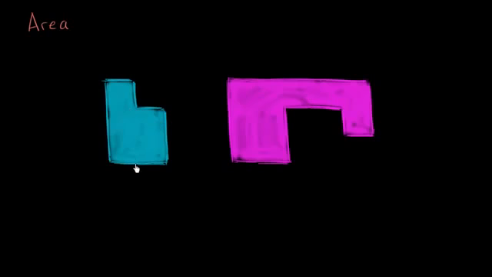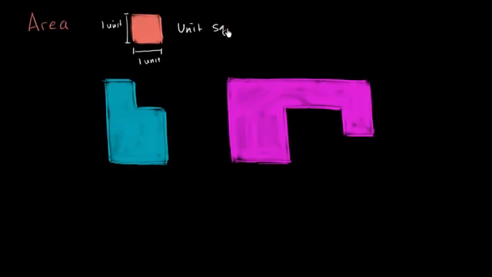Well, one way to do it would be to define a unit amount of area. So for example, I could create a square right over here, and this square, whatever units we're using, we could say it's 1 unit. So if its width right over here is 1 unit, and its height right over here is 1 unit, we could call this a unit square.